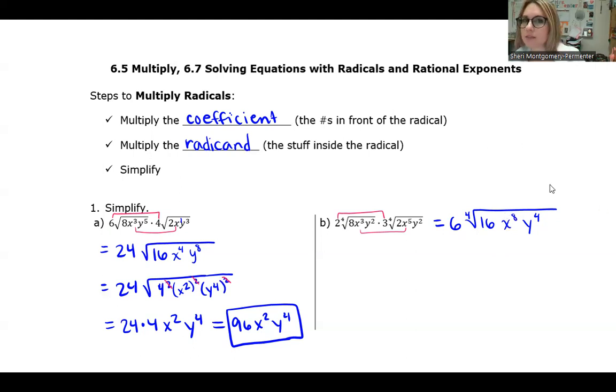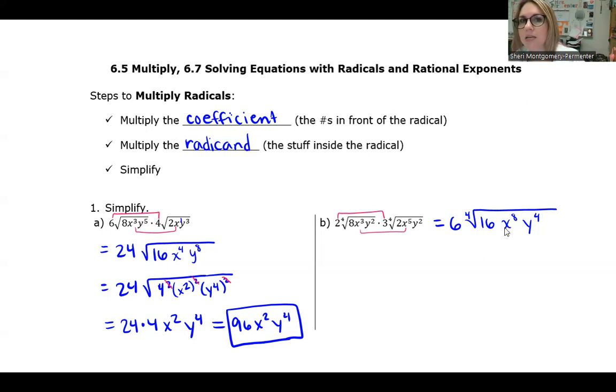Okay, well, let's simplify. This is the stuff we did last class. So I'm going to go through and what exponent will cancel? No, I'm sorry. I didn't say that clearly. What do we need exponents to be so that they can cancel? 4 has to match the index.